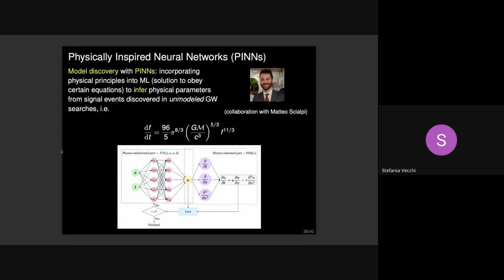This is not our type of equation, it's a Bejger equation, but we can think about either ordinary differential equations or partial differential equations in which a part of it will be a neural network, and inside this neural network there will be those parameters that we can estimate. So we can infer directly from training such a network the parameters that are inside the differential equation.